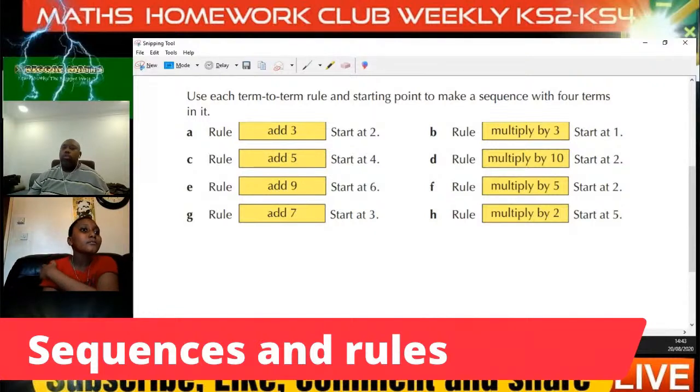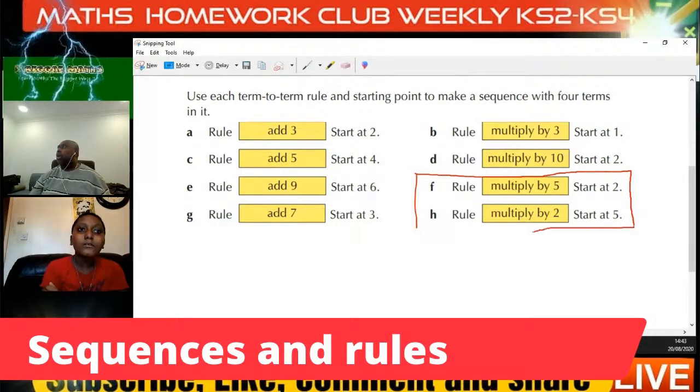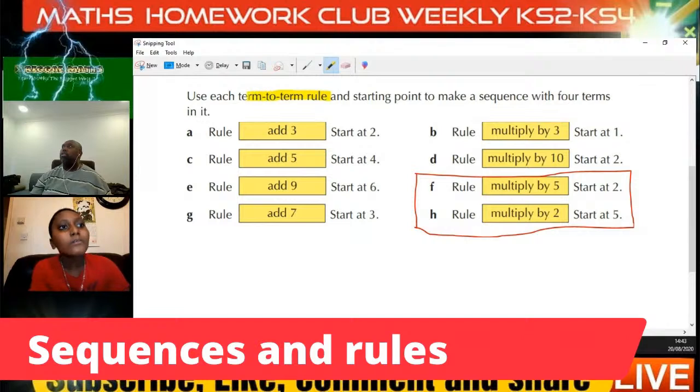The question says, use the term-to-term rule and the starting point to make a sequence with 4 terms.